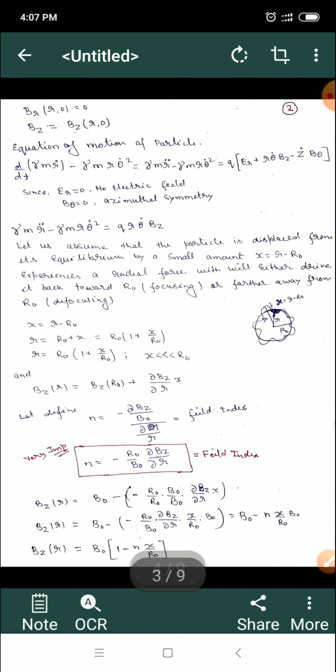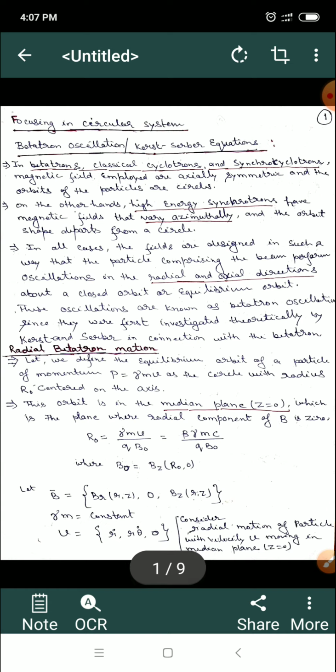These motions are known as the radial betatron motion or horizontal betatron motion, and similarly the axial betatron motion, that is the vertical betatron motion. So let us try to understand the radial betatron motion. In order to derive the Kerst-Serber equation, that is, the equation of motion when a charged particle is moving in a circular orbit, it makes oscillations in the radial direction. That is known as the radial betatron motion.